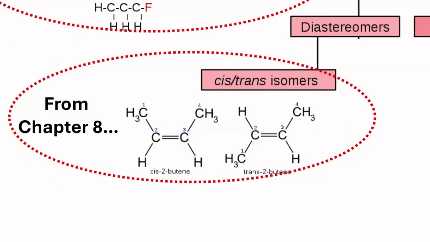It's just that in trans-2-butene, the clusters of carbon with three hydrogens are on opposite sides of that double bond. So that means that they are arranged spatially different, and that's why cis and trans isomers are known as stereoisomers. More specifically, trans and cis isomers are known as diastereomers.